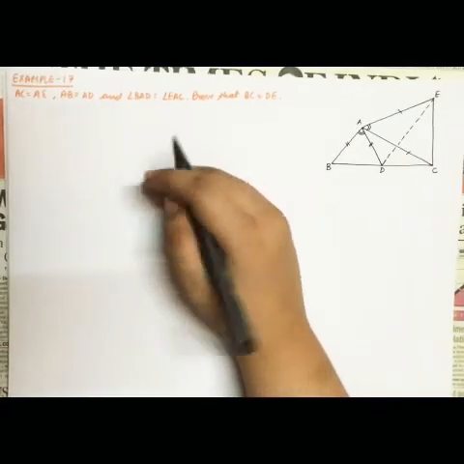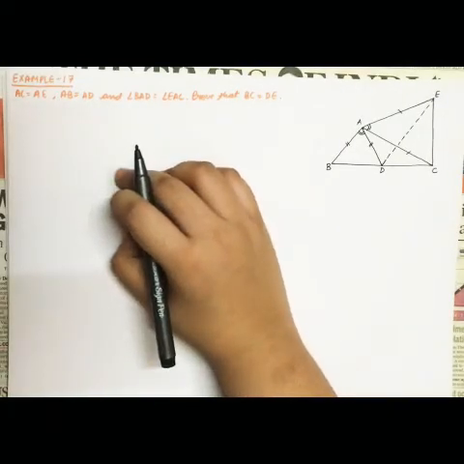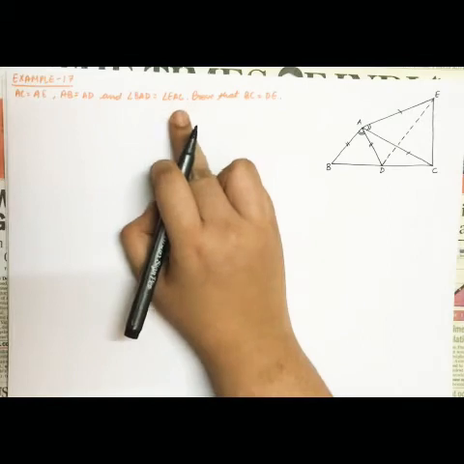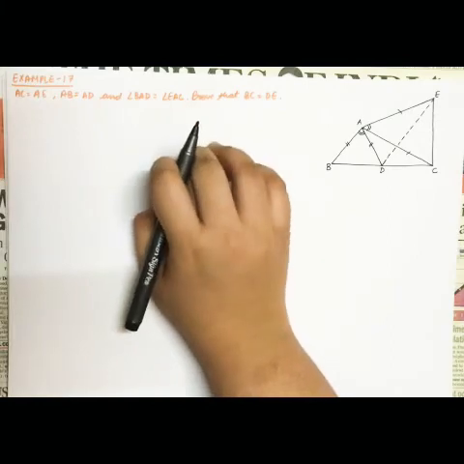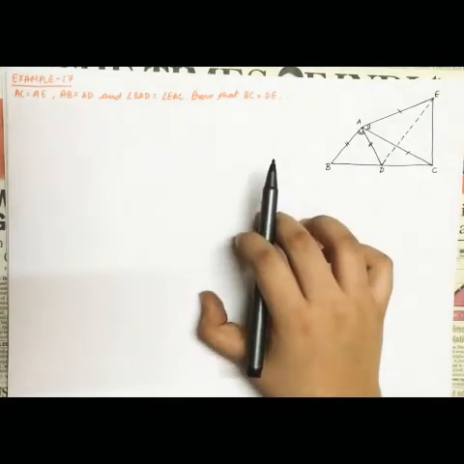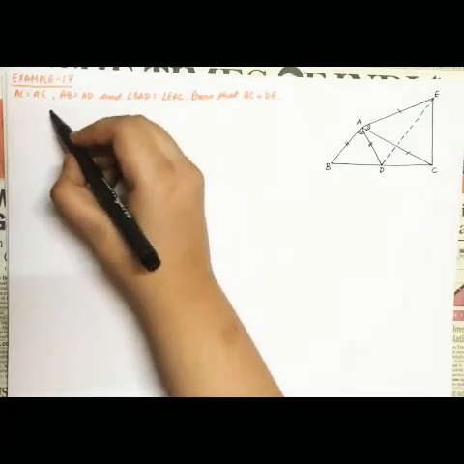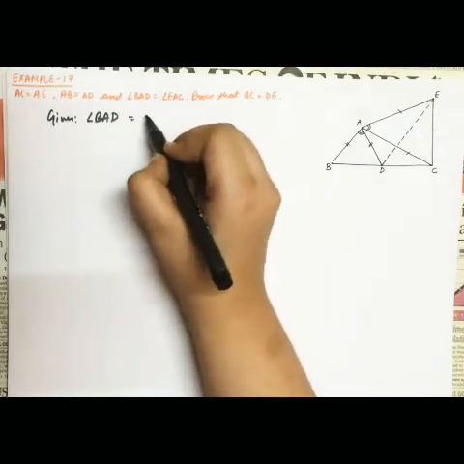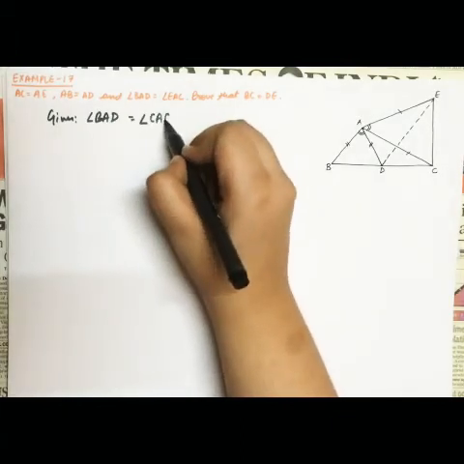Now example number 17. In this, AC is equal to AE, AB is equal to AD, and angle BAD is equal to angle EAC. We have to prove that BC is equal to DE. We will start with, it is given to us that angle BAD is equal to angle CAE.